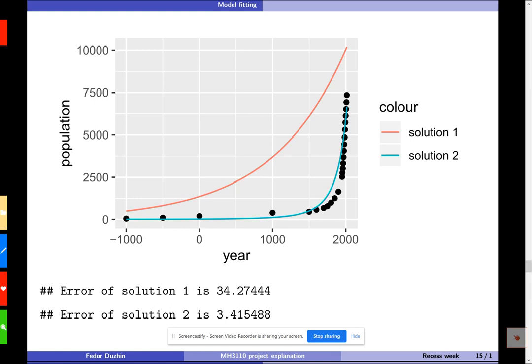To be honest, I divided the actual mean squared error by 1 million to find this, so the actual error is the same thing times 1 million. But you see that the error of solution 1 is 10 times bigger than the error of solution 2. And you see from the plot that the second solution is indeed much better than the first solution.